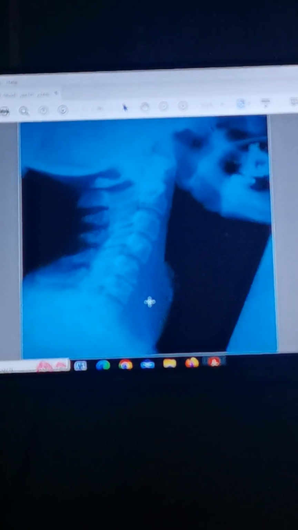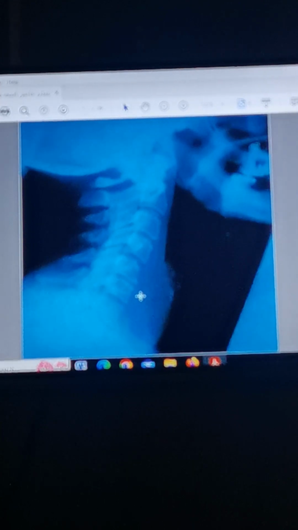And if it is more than 2/3 of the vertebral body, it is pathological. So if you take this, it is more than 2/3, right? So it is pathological. Such a patient should not be missed.